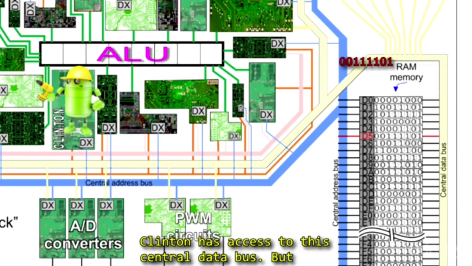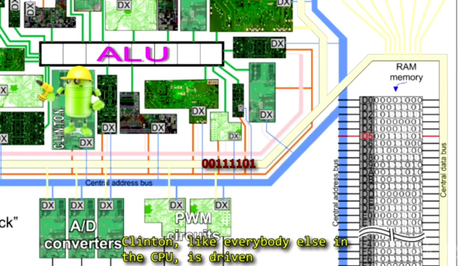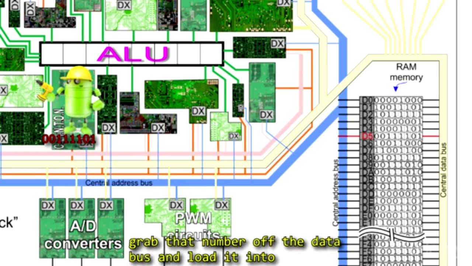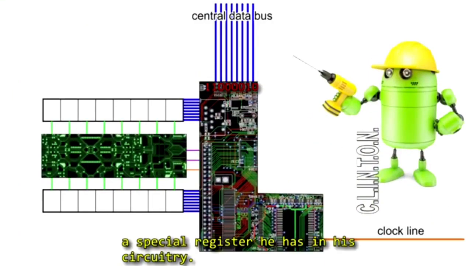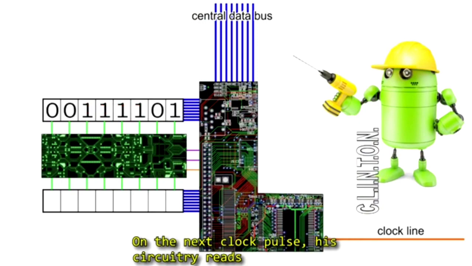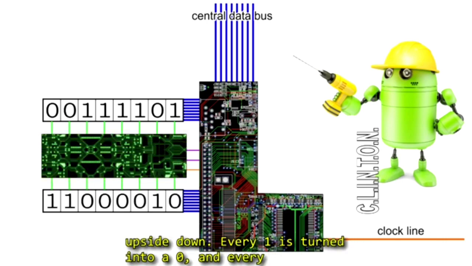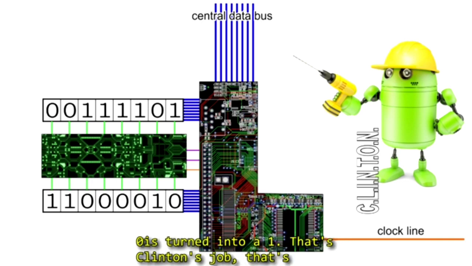Clinton has access to this central data bus, but Clinton, like everybody else in the CPU, is driven by the clock. The next clock pulse triggers him to grab that number off the data bus and load it into a special register he has in his circuitry. On the next clock pulse, his circuitry reads whatever number is in that register and turns it upside down. Every 1 is turned into a 0, and every 0 is turned into a 1. That's Clinton's job.